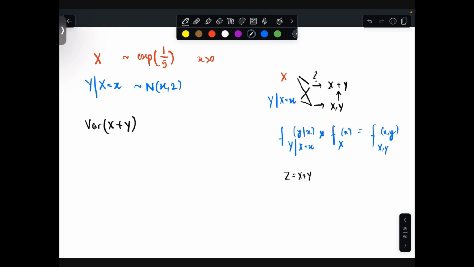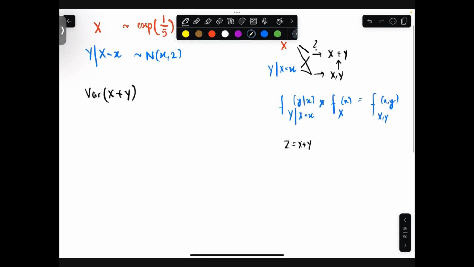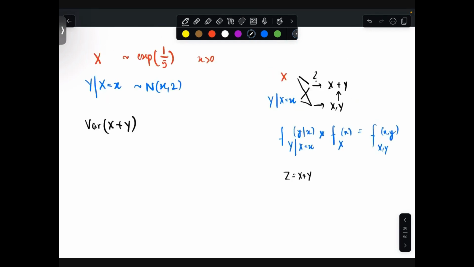But let's try a different way. Can we do it without doing this? That's the basic question. We can do that method from scratch, but let's try to see what we can do to minimize the process. You have this information, and whenever you have this kind of information, the basic idea is to always condition.